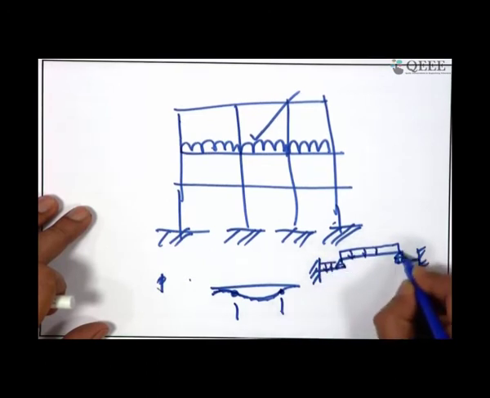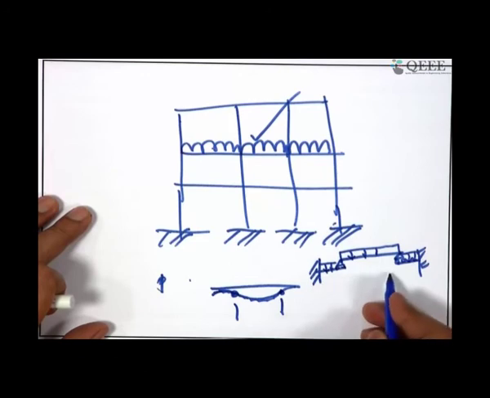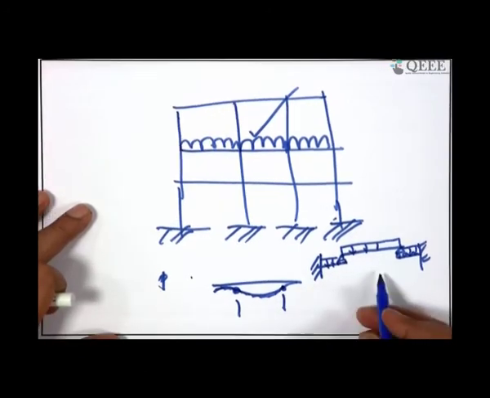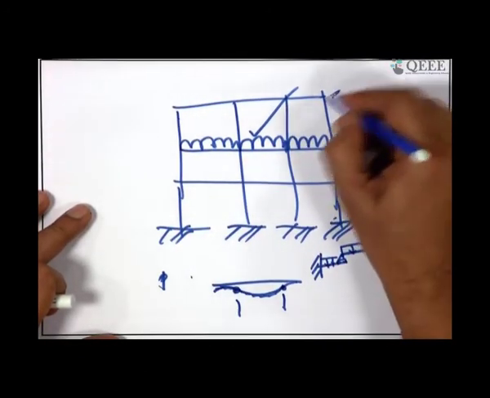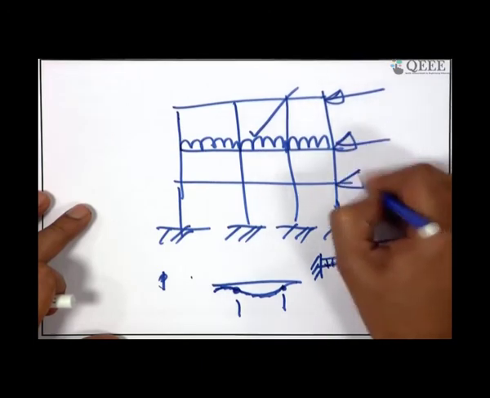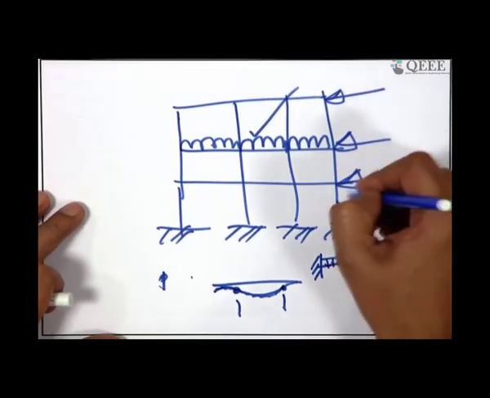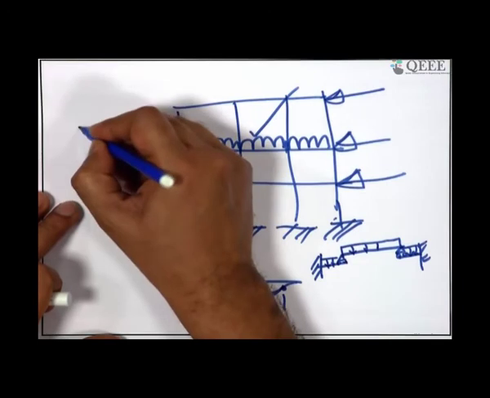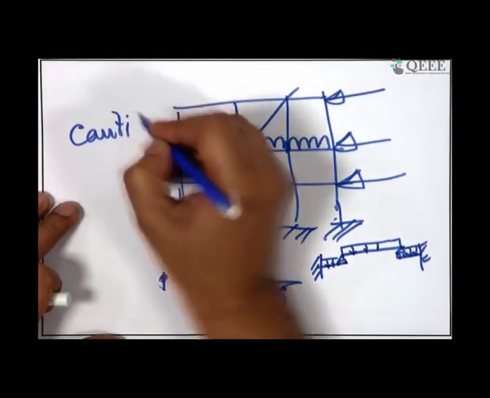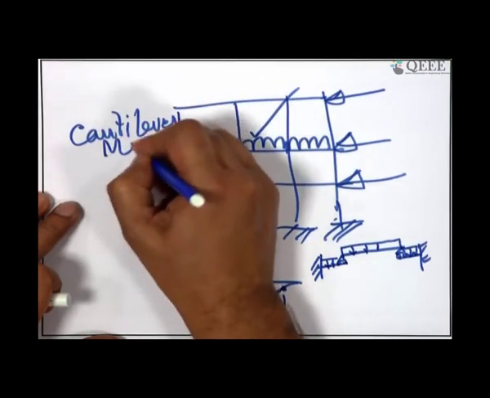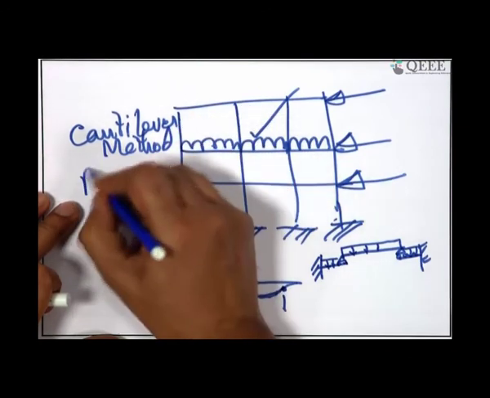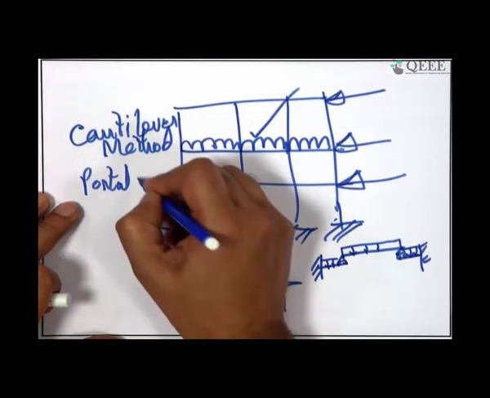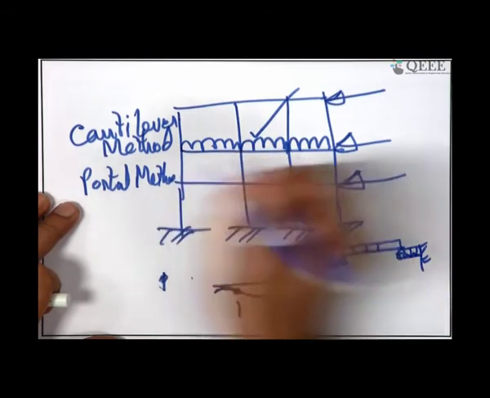So, with that you can have an approximate analysis due to the vertical loading. Or else, if you consider the lateral load due to wind and earthquake and reduce it to nodal loading, then you can go for the cantilever method or the Portal method to draw the approximate bending moment diagrams.